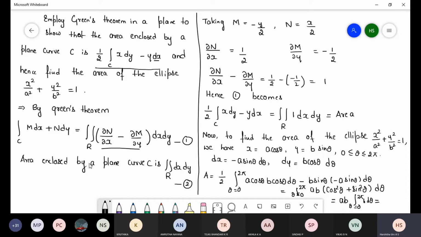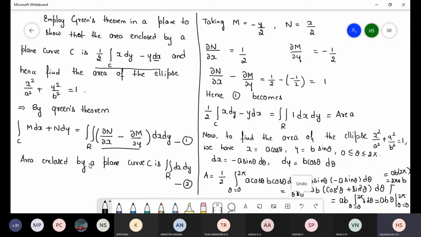Integration of 1 with respect to theta is theta. So theta varies from 0 to 2 pi. Substituting the upper limit, we get 2 pi ab.